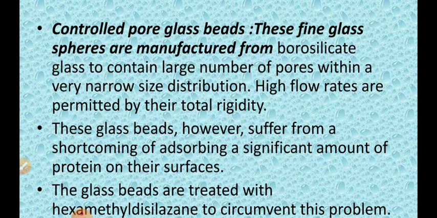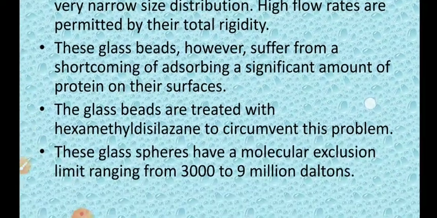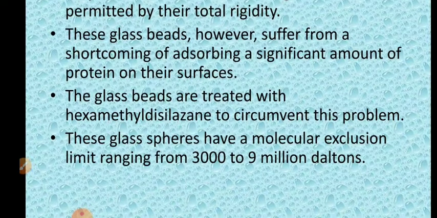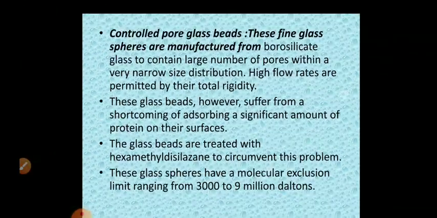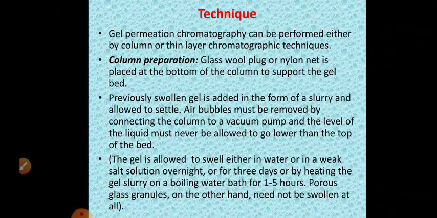The glass beads however have a disadvantage that the proteins are adsorbed on their surface, and we can overcome this problem by using hexamethyldisilazane, right? And porous glass spheres have a molecular exclusion limit ranging from 3000 to 9 million Dalton. So large macromolecules can be separated by this technique.